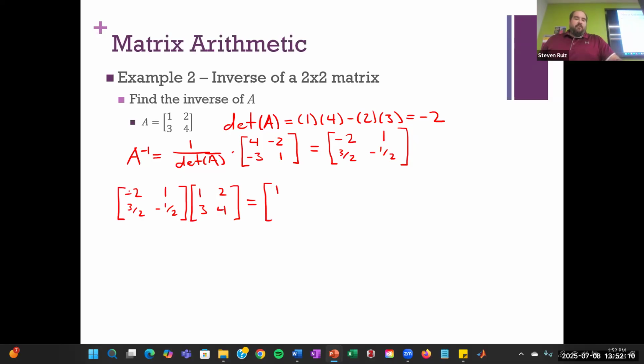Good so far. Then -2 times 2 plus 1 times 4, 0. 3/2 times 1 minus 1/2 times 3, that's 0. And then 3/2 times 2, that's 3, minus 1/2 times 4. So 3 minus 2 is 1. So yes, that inverse is confirmed.